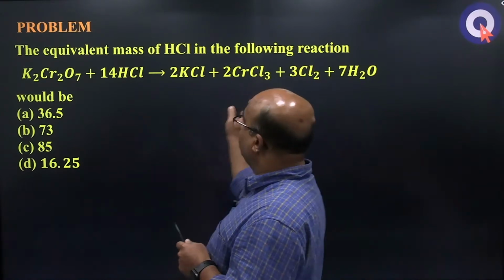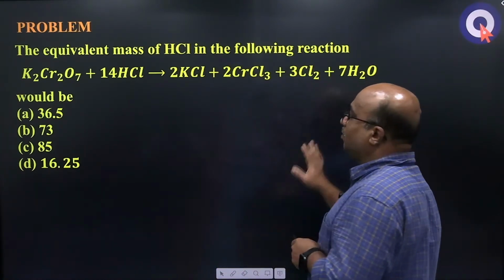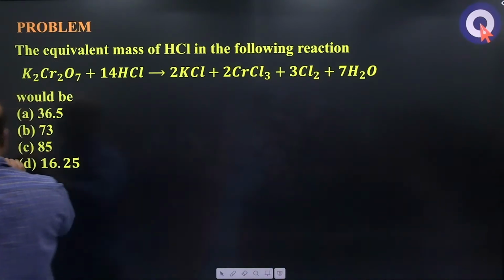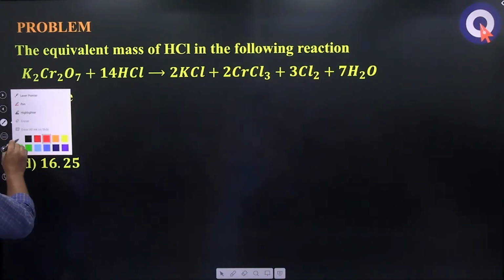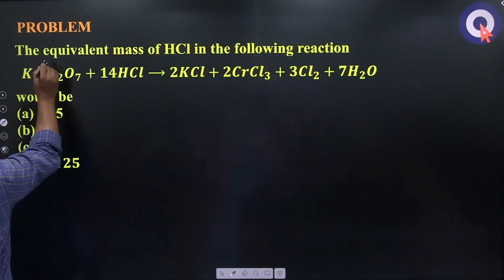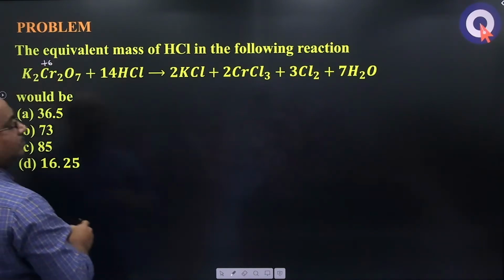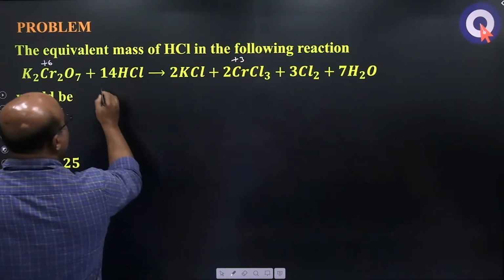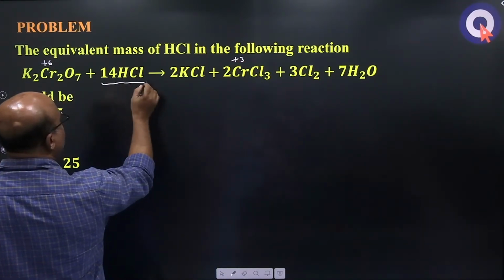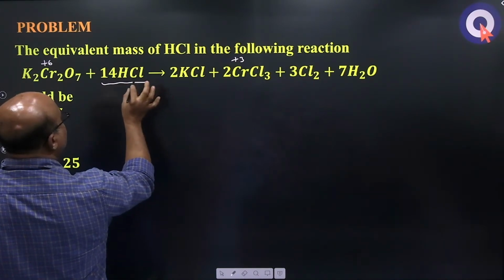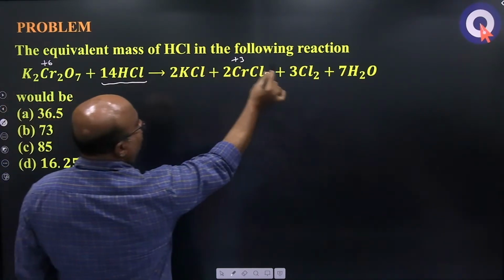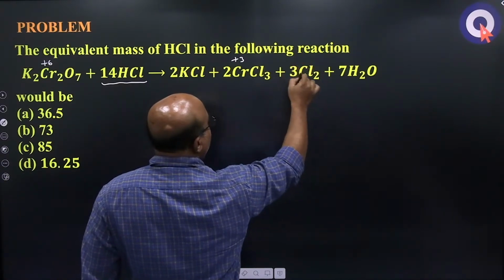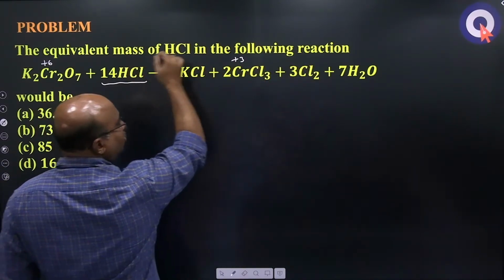If you see this equation now, it is completely balanced. Potassium dichromate is undergoing reduction: it is in the +6 state and goes to the +3 state. But in the 14 HCl, some HCl is undergoing oxidation. There are 6 chlorines actually changing from -1 to 0.